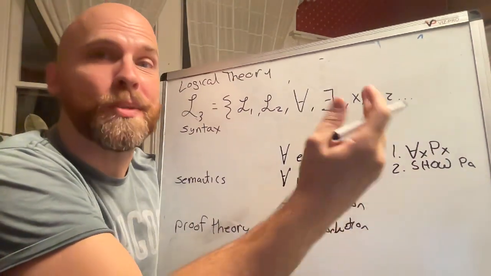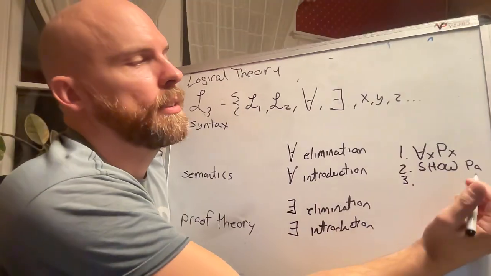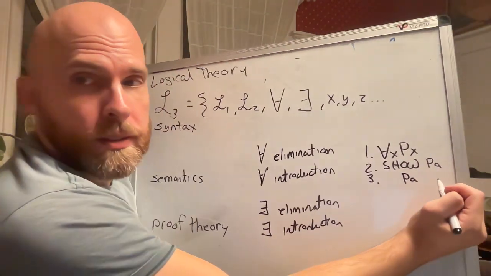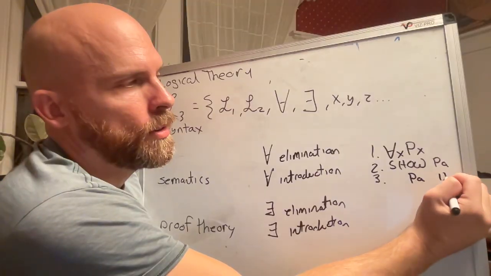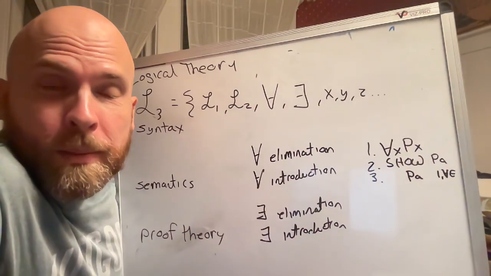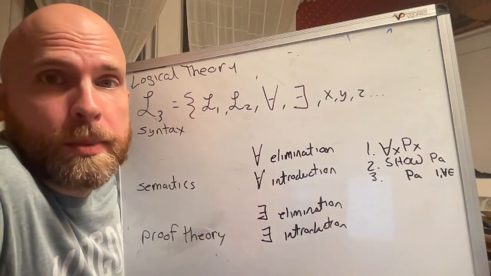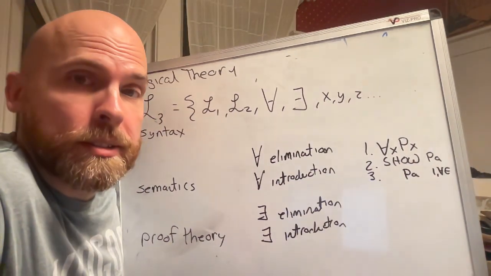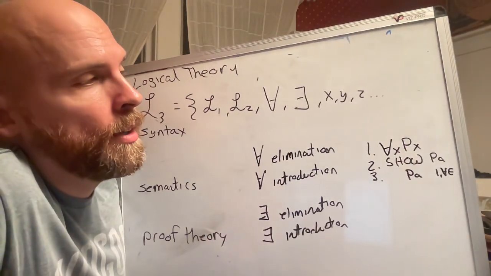What do I do next? Well, I'll tell you what I do. I just write down on line 3 that Alex is a parrot, and I cite line 1, universal elimination. Why? Because line 1 says everything in my domain's a parrot. That means Alex is a parrot. So it's pretty easy for me to show Alex is a parrot because everything's a parrot.